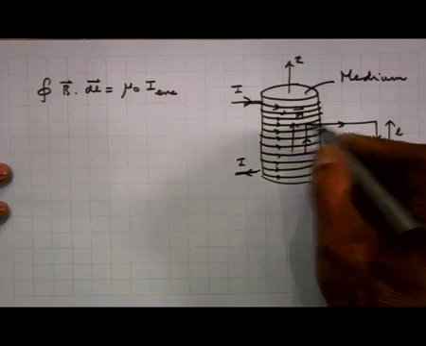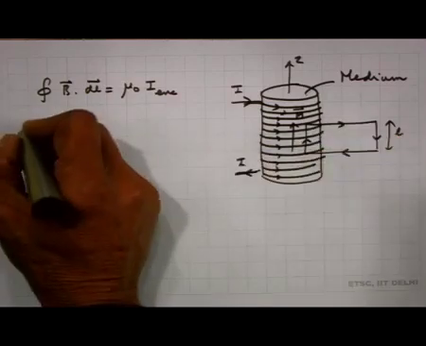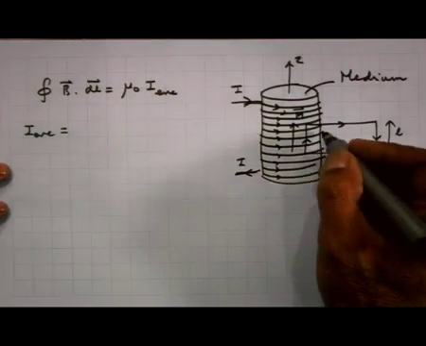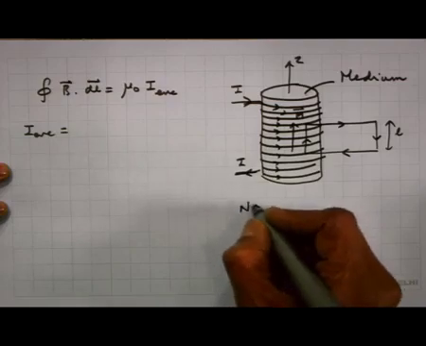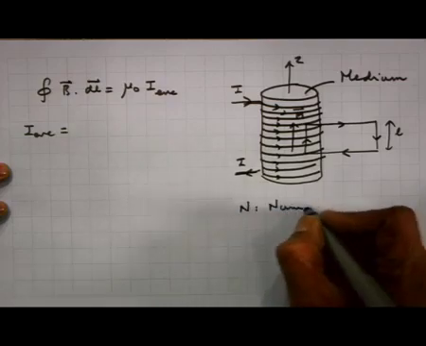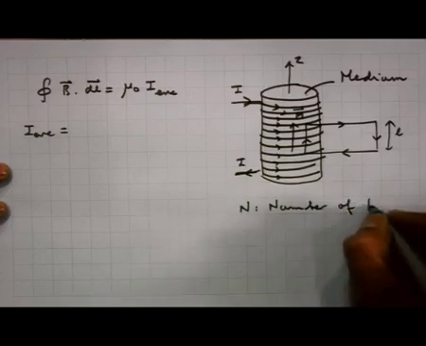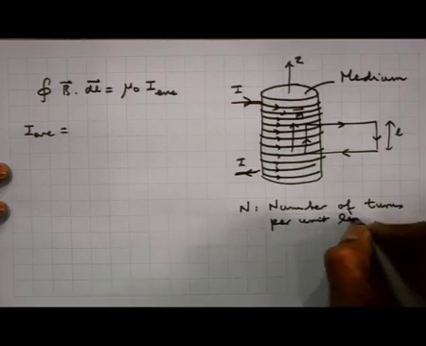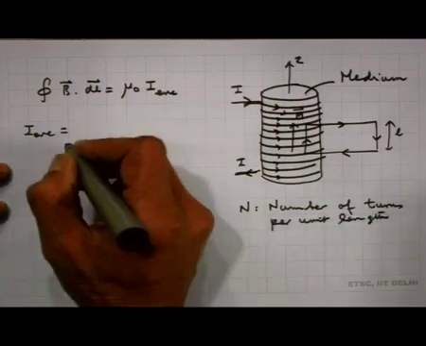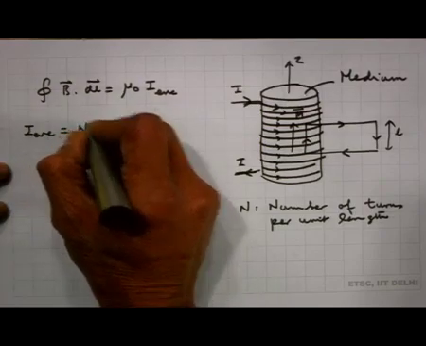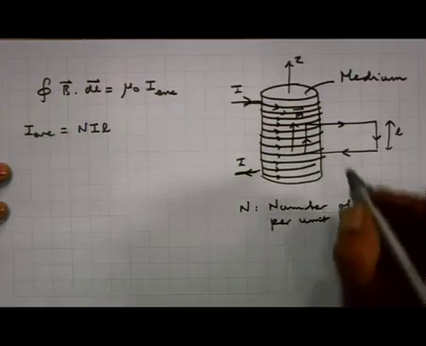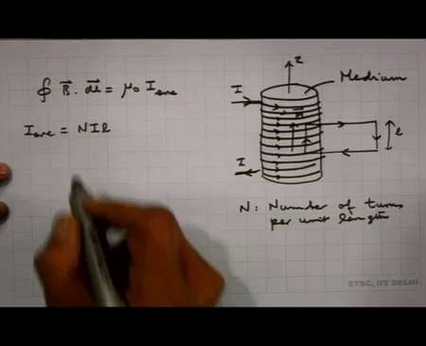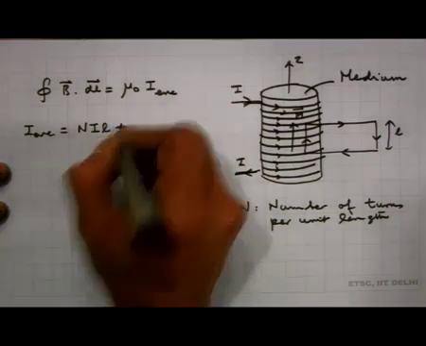Within this loop, the current enclosed consists of the current which I am passing through the wire, and if n is the number of turns per unit length, then the current enclosed will have n times I times L. There are nL loops of current crossing the path and each of them has a current I, and also I have magnetization.